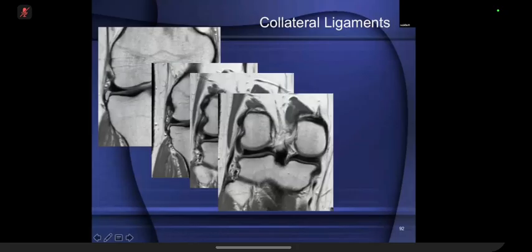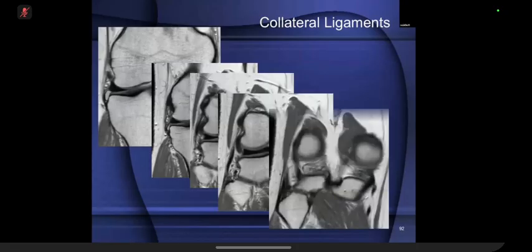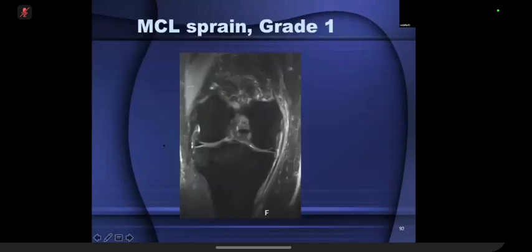Instead of the normal front to back attachment, which is seen in serial coronal images, if you see the whole of it in one sequence, then that means that there is a problem with the ACL, an important secondary ACL rupture sign. Here we can see it completely getting attached. So the LCL is seen on a series of slices, whereas the MCL can be seen usually in the front one or two images only.